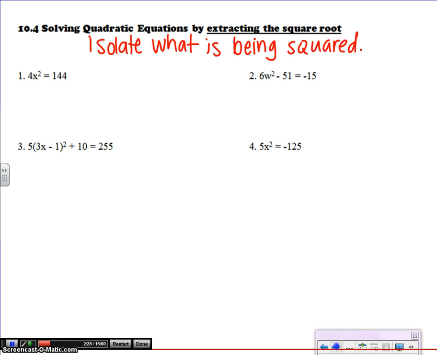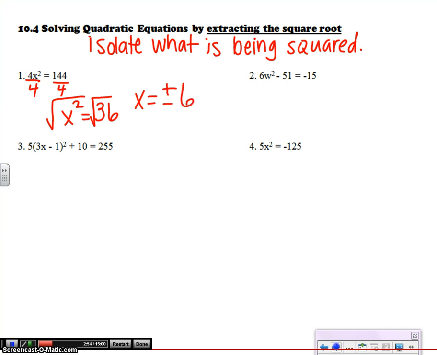So when we look at number 1, 4x squared is equal to 144, we need to get x squared by itself. So we're going to divide both sides by 4, and we're left with x squared is equal to 36. So it's asking the question, what number times itself gives us a positive 36? So we square root both sides, and remember we get our two solutions, positive and negative 6.